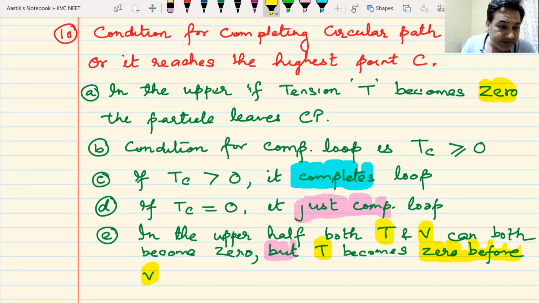Can I have some raised hands that we understand this? That in the upper half, both tension and V can become zero, but here tension will become zero first before speed becoming zero.